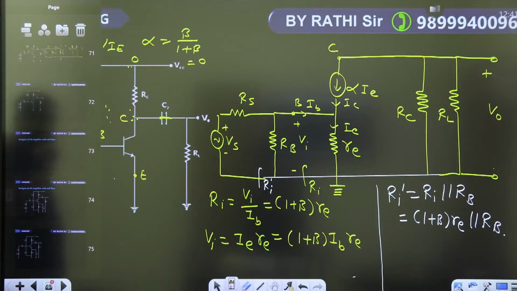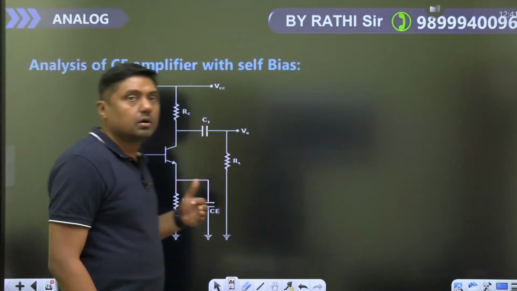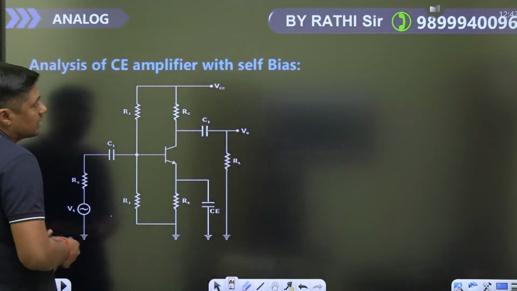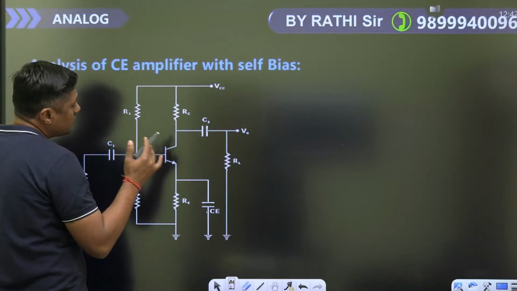Now the analysis of the common emitter amplifier with what? Self bias circuit. For example, if this type of circuit is given, watch this type of circuit. C1, C, this is the bypassed RE.